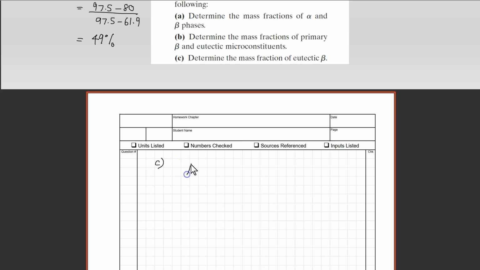We can see that the mass fraction of beta, the total, is going to equal the mass fraction of beta primary plus the mass fraction of beta in the eutectic.